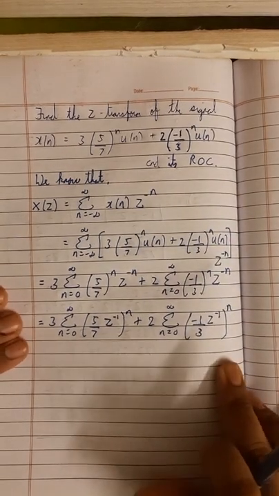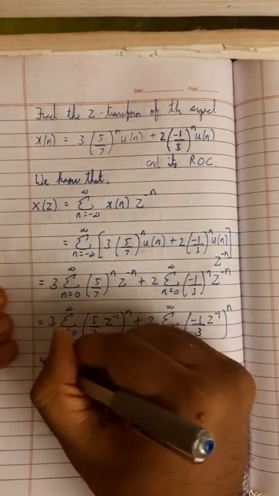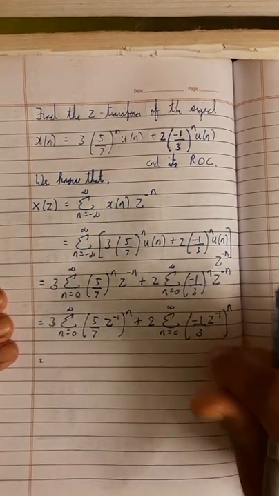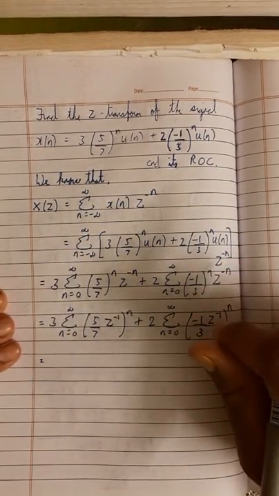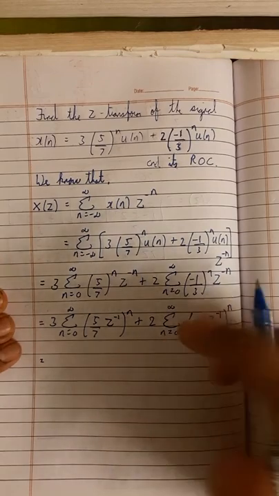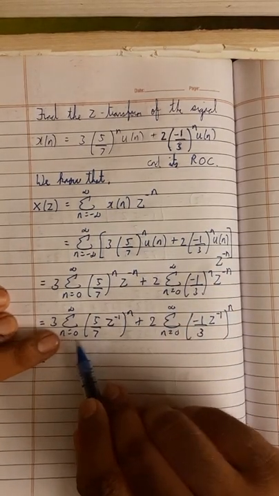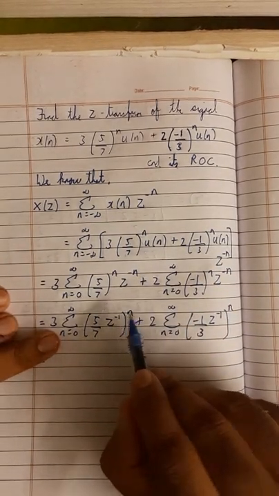Okay, so now we could apply the geometric progression, that is a by 1 minus r, where a is the starting value and r is the common factor. So here the value of a, for n equals 0, you will get this value raised to 0, which is equal to 1.